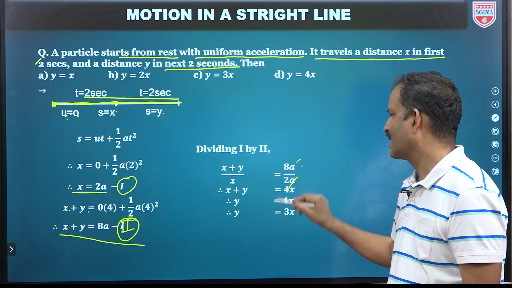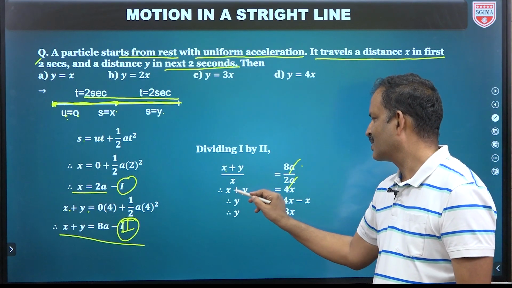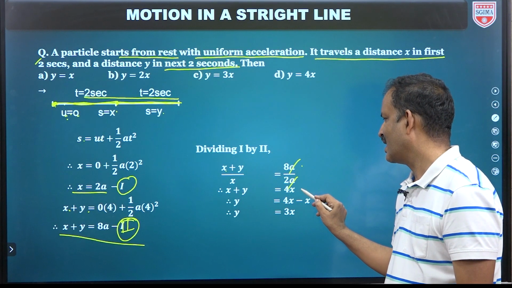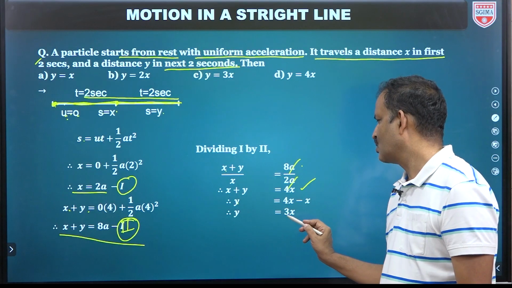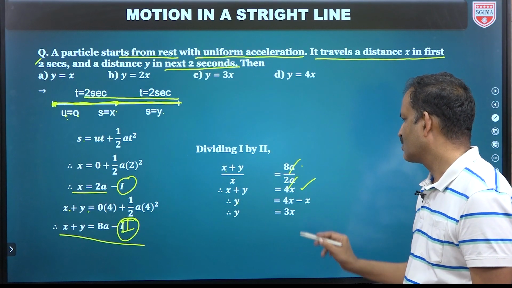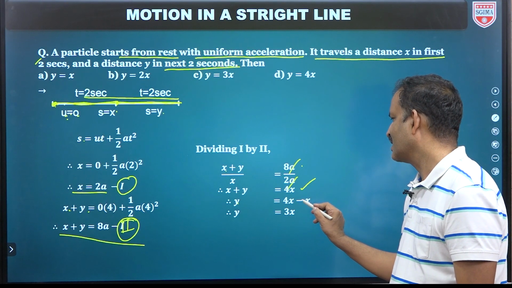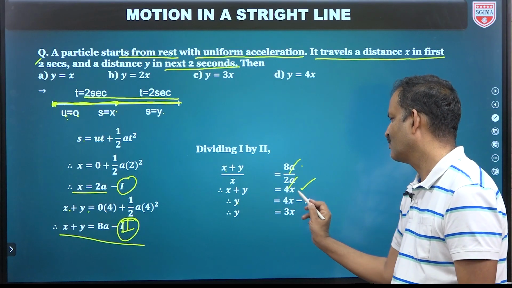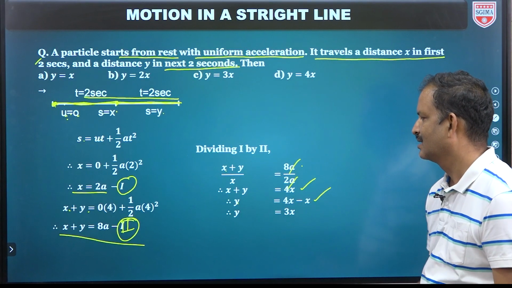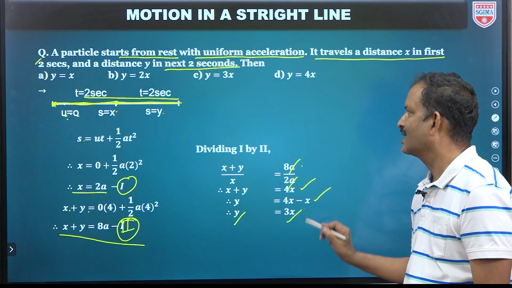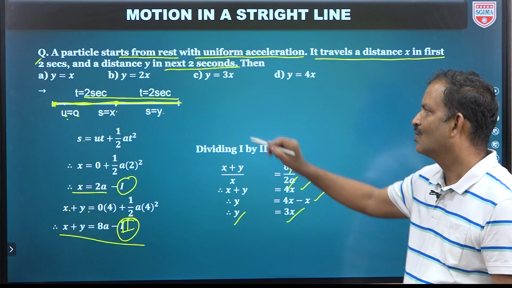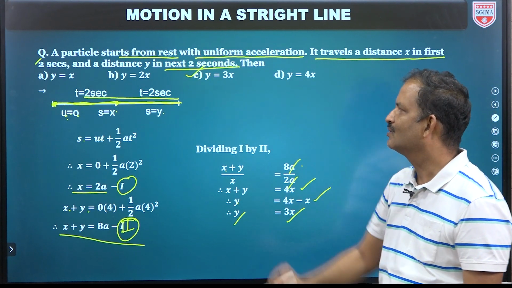So a will cancel. So x plus y is equal to 4x. Y is equal to 4x minus x. Then y is equal to 3x. So your answer is y equal to 3x.